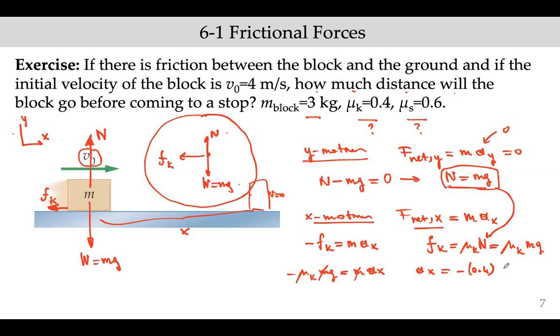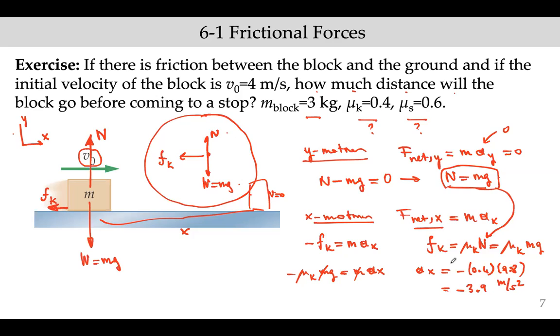And what is g? G is, let's take 9.8. And from here, what we find is negative 3.9 meter per second squared. So the negative sign also shows you that it's deceleration, it's slowing down.